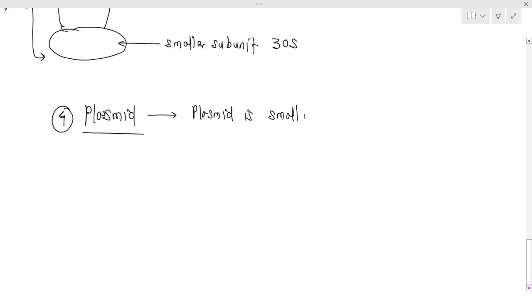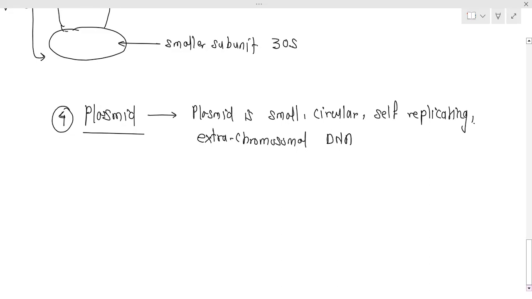Plasmid is a small, circular, self-replicating, extra chromosomal DNA present in a bacterial cell.